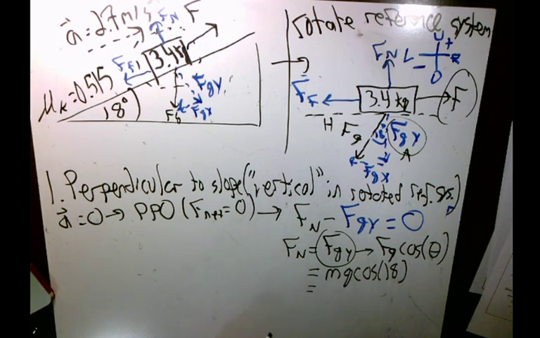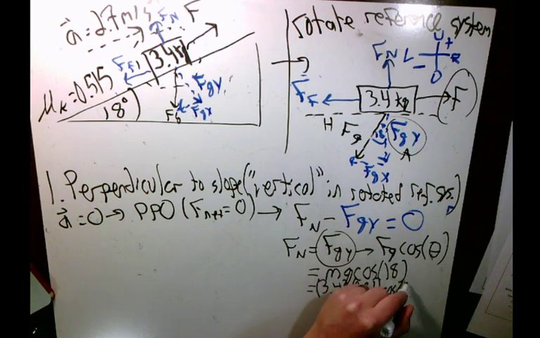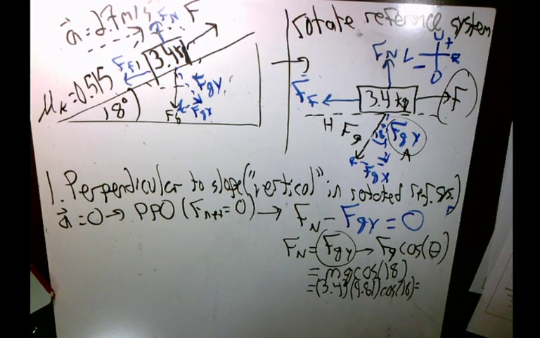And I can throw in all my values. I get 3.4 kilograms, 9.81 meters per second squared, and cosine of 18 will give me 31.72 newtons.